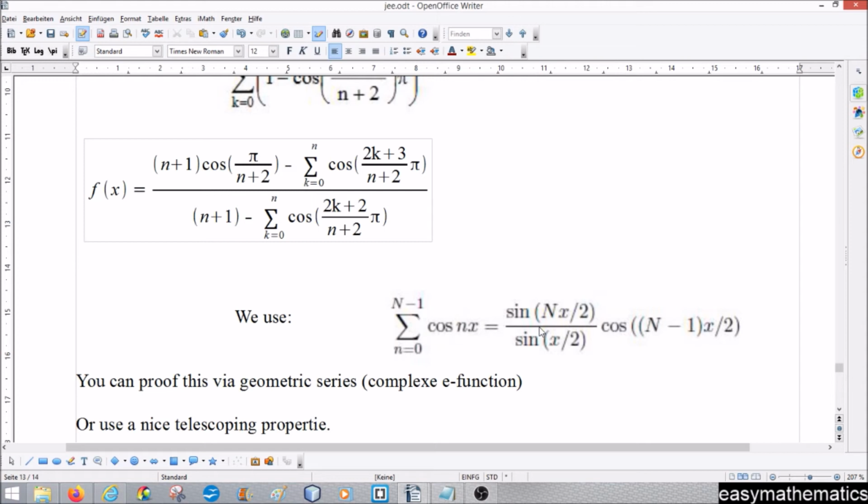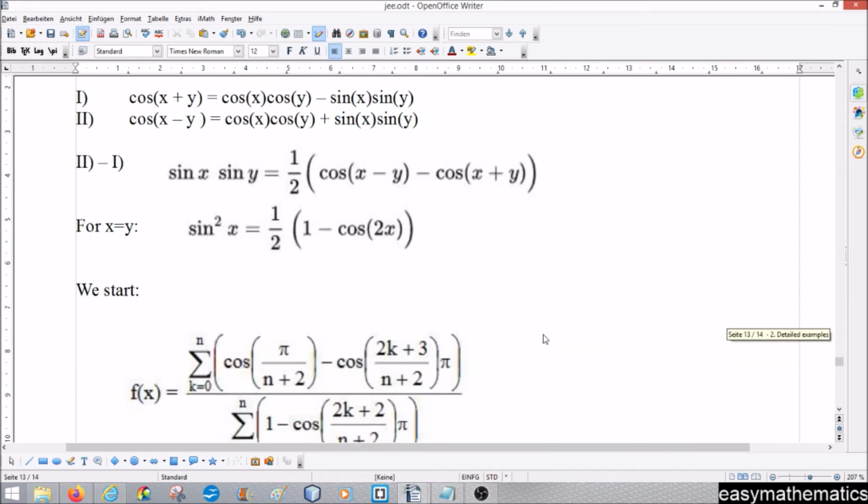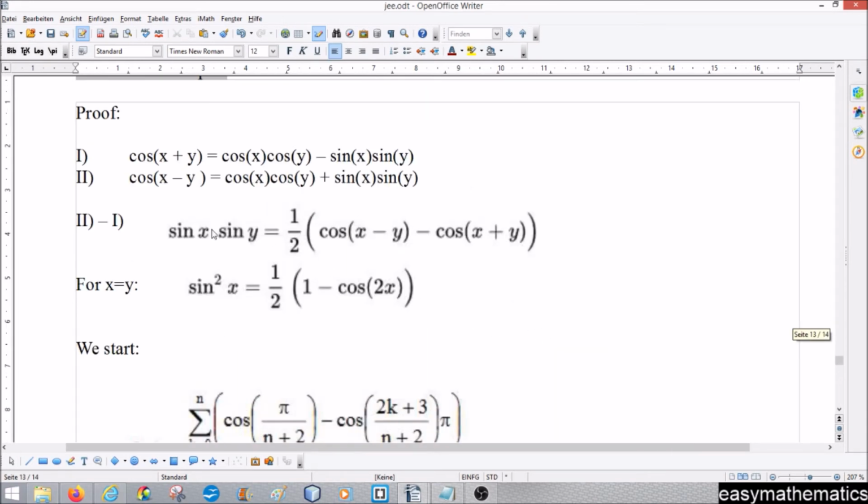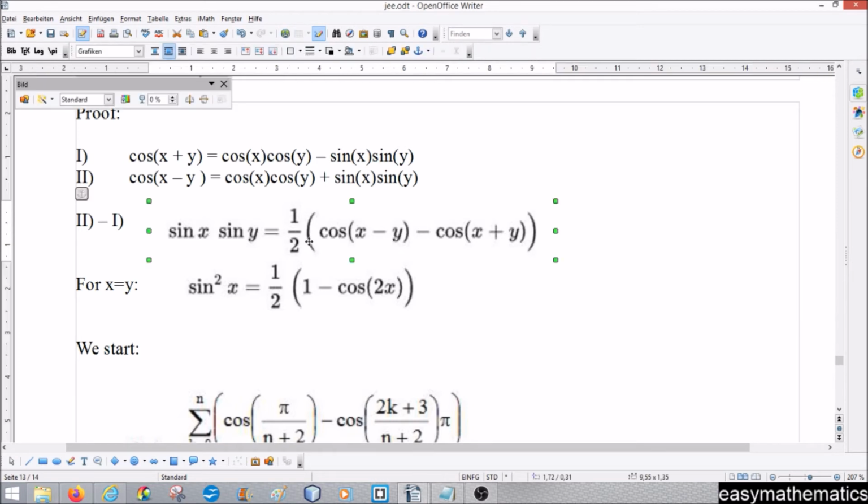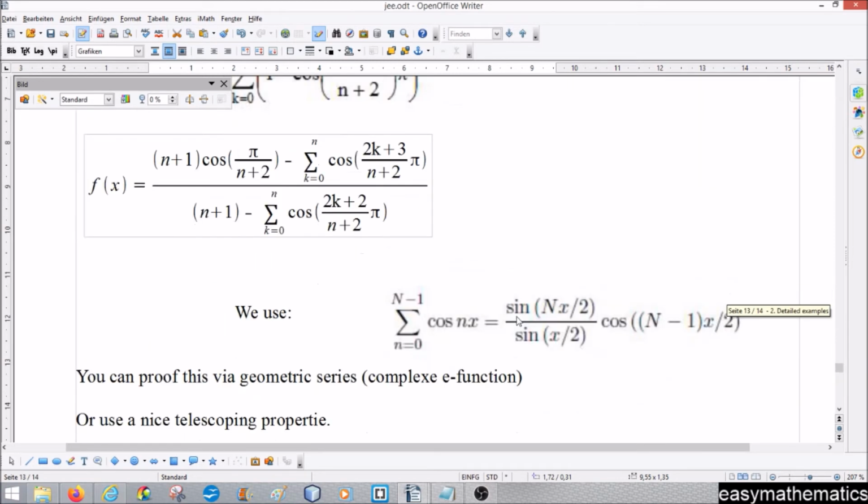without complex numbers by using a nice identity in the form of this identity. Then you switch the order and you get this result also. Or if you can guess this result, then of course you can try to prove this via induction.